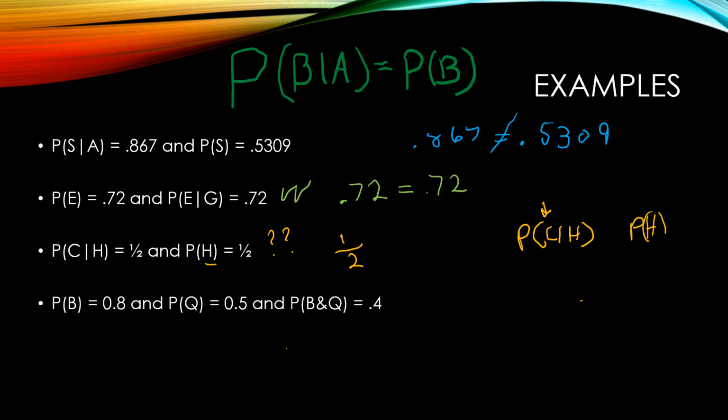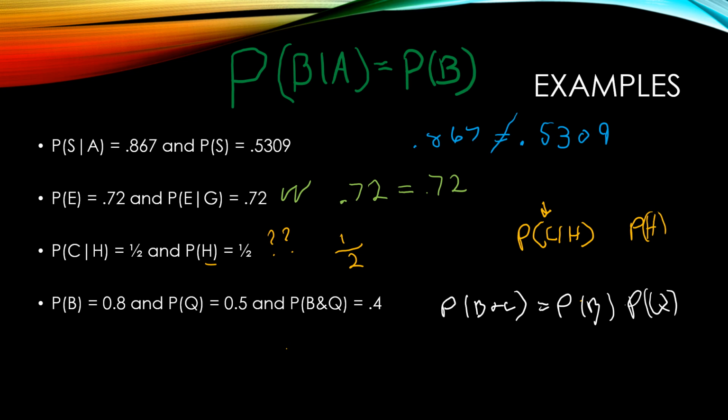For our last example, we take the principle of the probability of B and Q equaling the probability of B times the probability of Q. This is because we don't have the conditional, but this is what we're given.